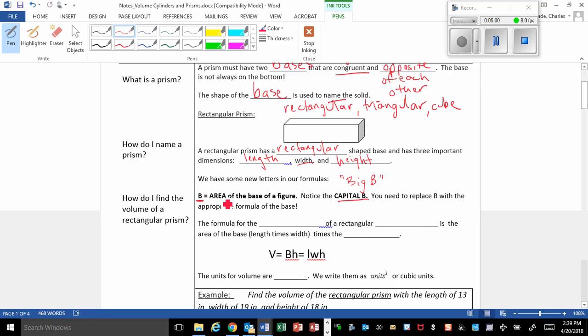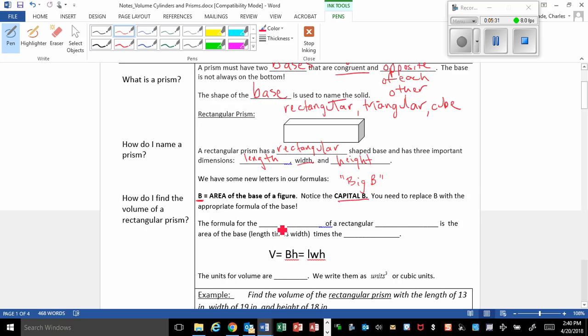So if your base is a triangle, you're going to have to substitute in the formula for the triangle for big B. That's where it gets a little tricky with the formulas. Big B is not just one particular measurement that you're going to get. It's actually something that you have to calculate, kind of similar to needing one of the legs or the hypotenuse in Pythagorean theorem. It's not going to be given to you, chances are.